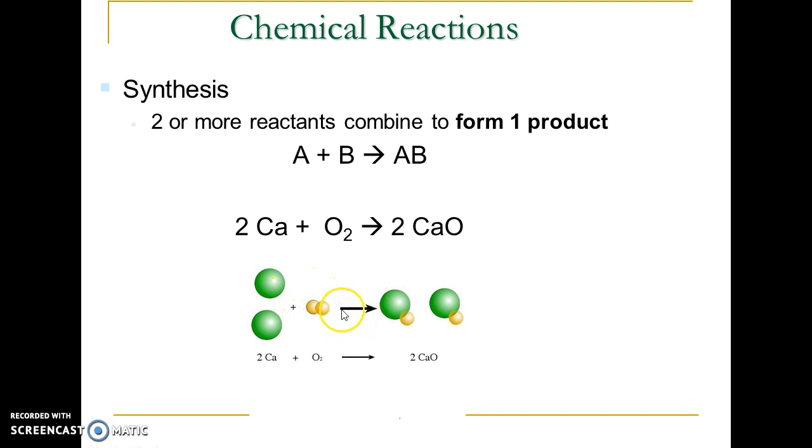They are rearranging to yield or form calcium oxide. Here's where your coefficients are telling you have 2 calcium oxides. Here this coefficient is telling you have 2 calcium atoms. But when we are classifying chemical reactions, your coefficients are not important. The coefficients are simply there for balancing purposes only.